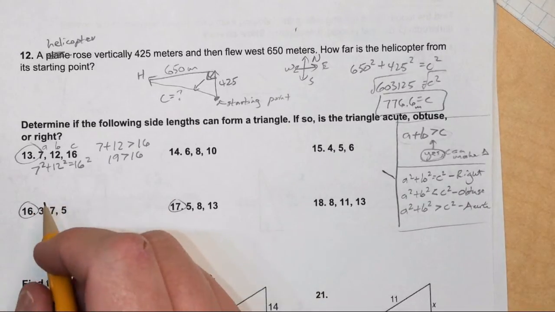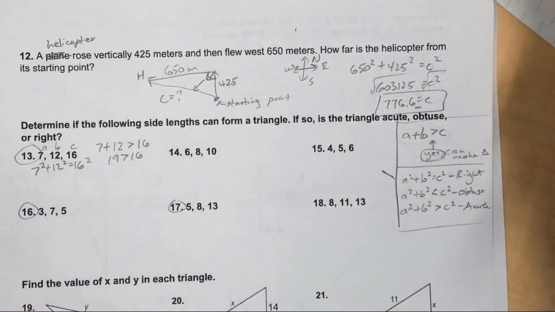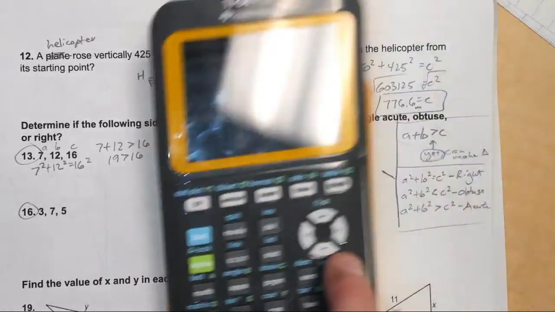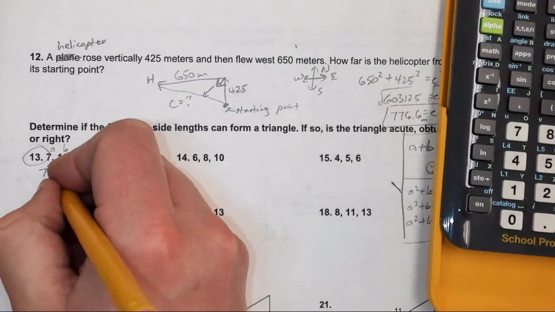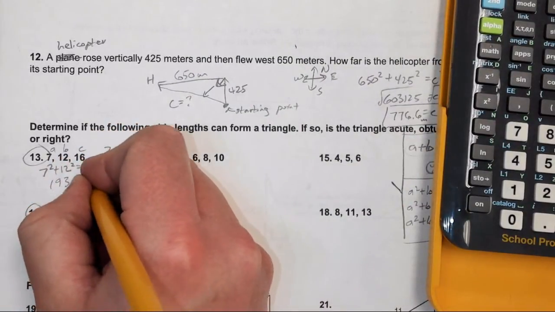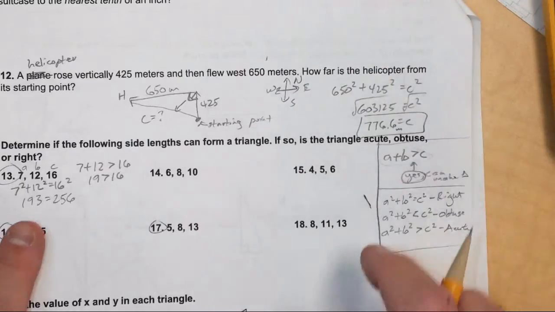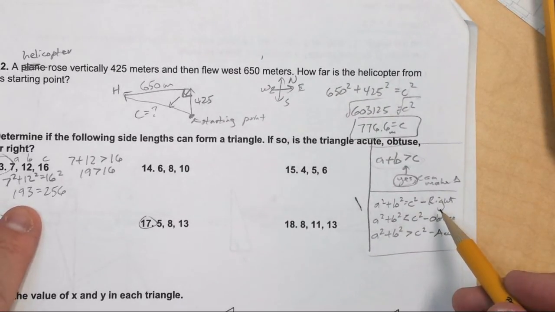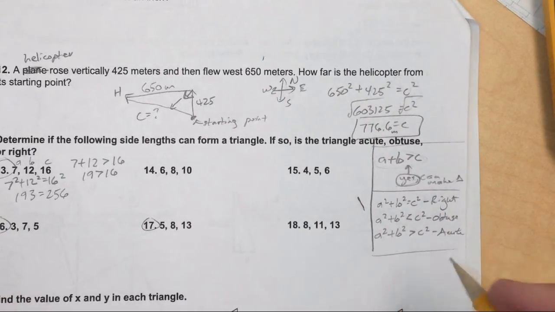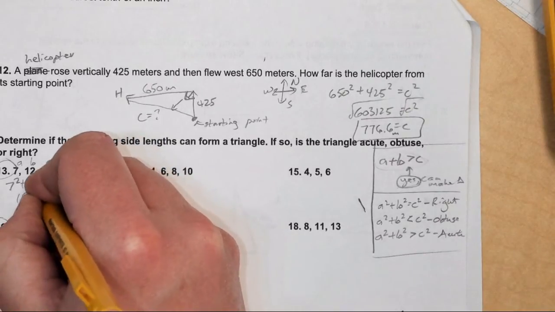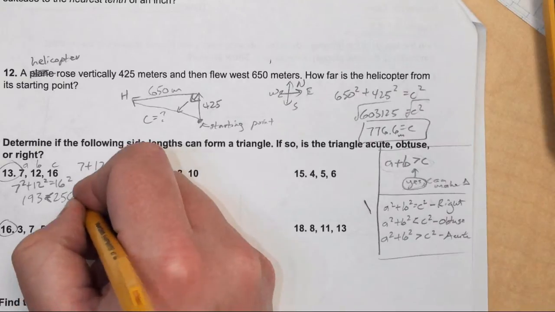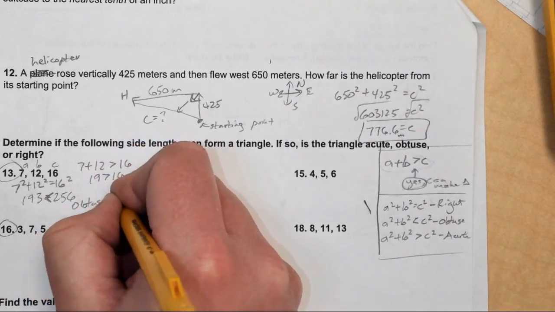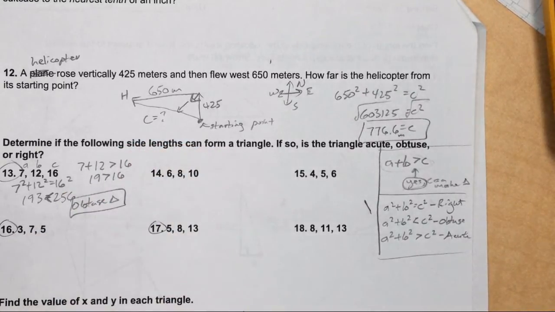I'm just going to fast forward here and do this a little quicker so I don't make this video too long. The left side becomes 193, and the right side is 256. Since these aren't equal, this is not a right triangle. But since my C value is greater than my A and B combined, this ends up being an obtuse triangle. So the answer here is it's an obtuse triangle.